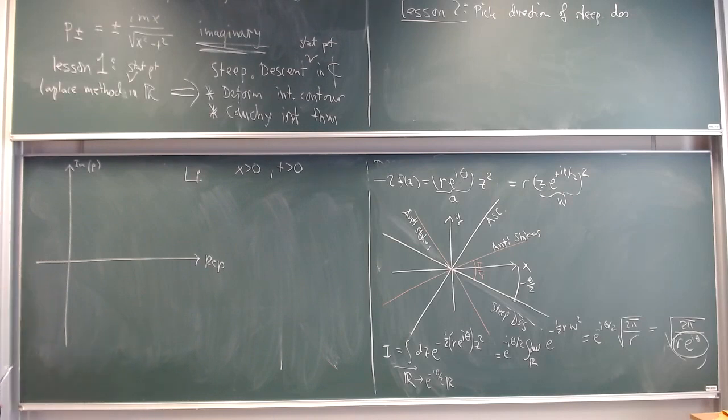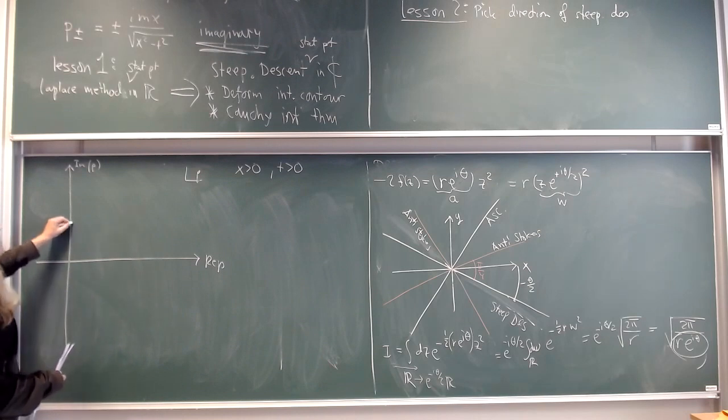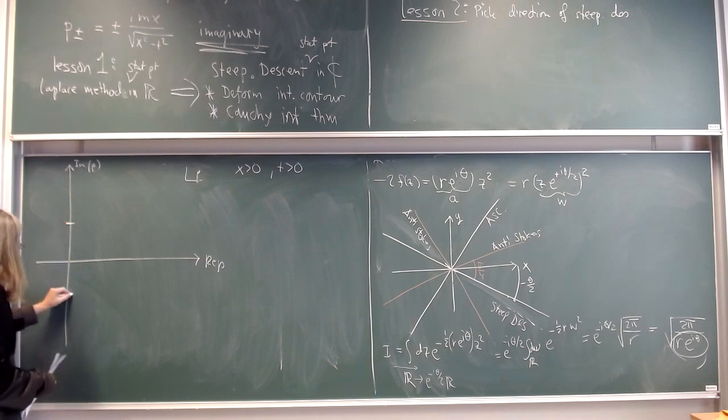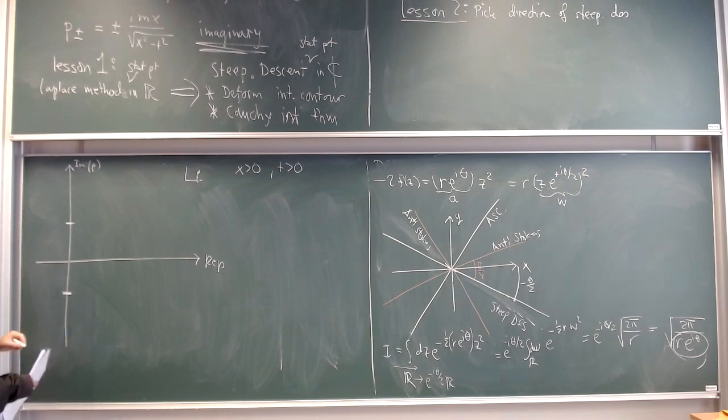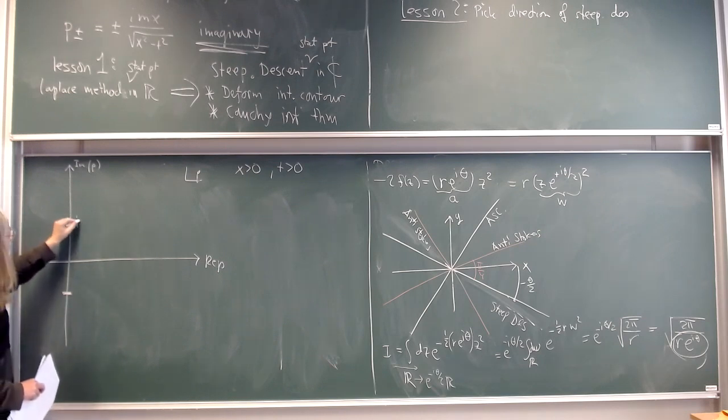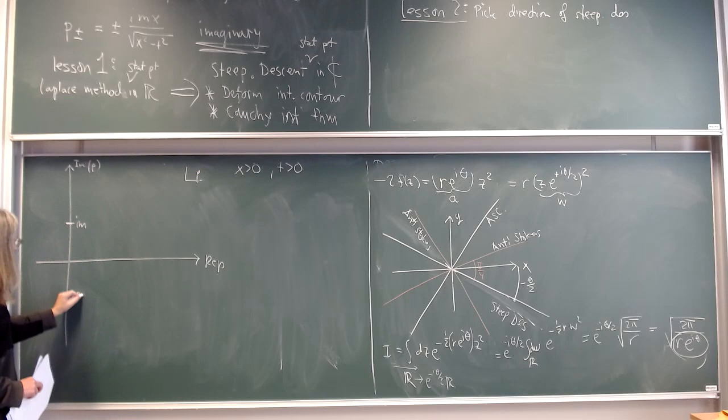So the first thing is there will be a branch cut of the square root. Where does the square root have a branch cut? The square root obviously has a branch cut at im and minus im.